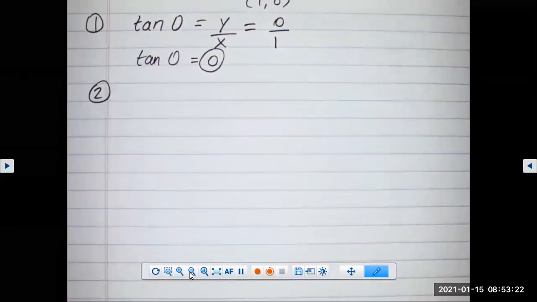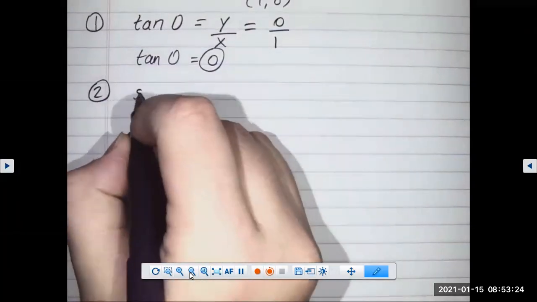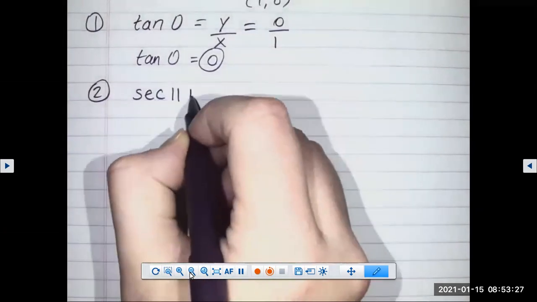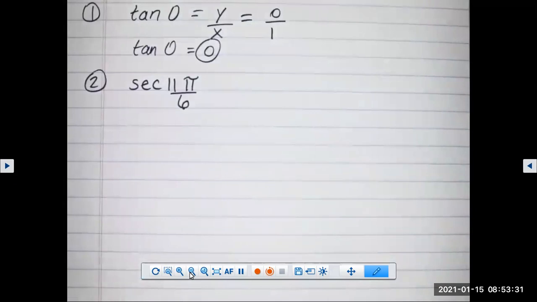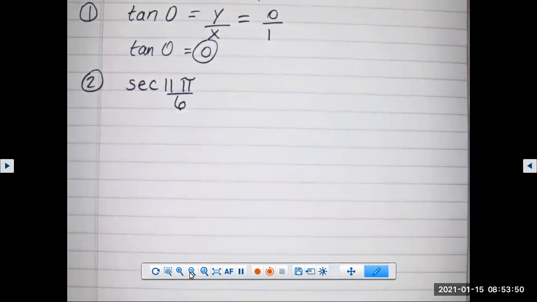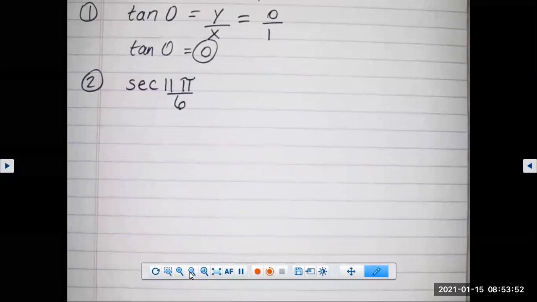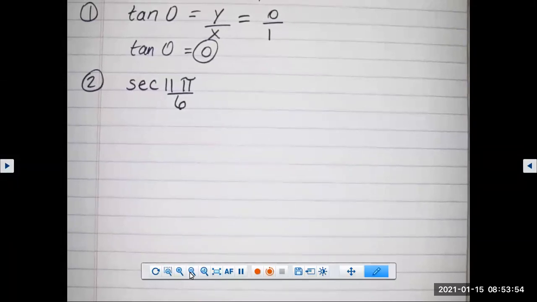Okay, number 2. Let's find the secant of 11 pi over 6. You need to find what and flip it. What is secant's inverse? Which of the basic 3 is secant's inverse?